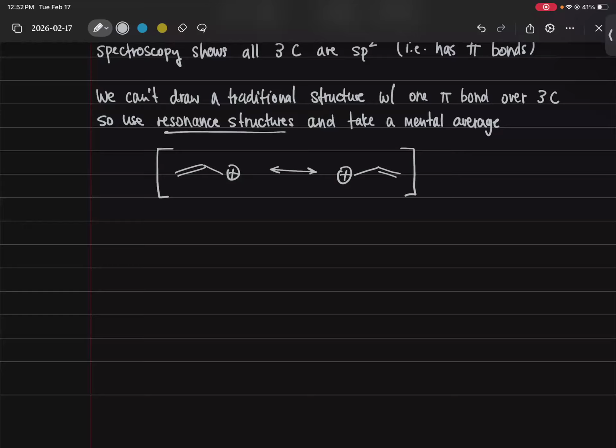Okay, so I've drawn two new kinds of symbols here. Not really new, but in the middle is a resonance arrow, and it's this double-headed arrow. It's not a reaction arrow like that.